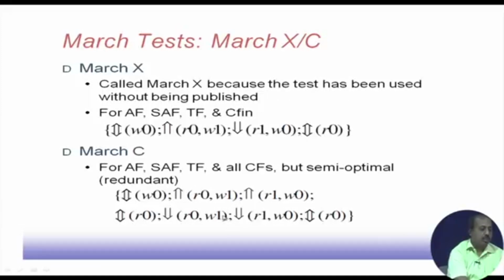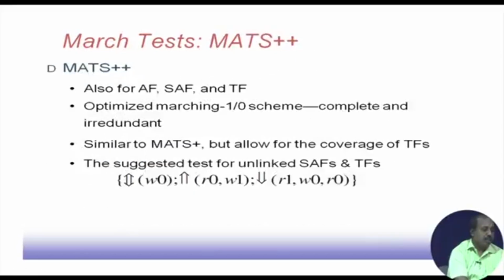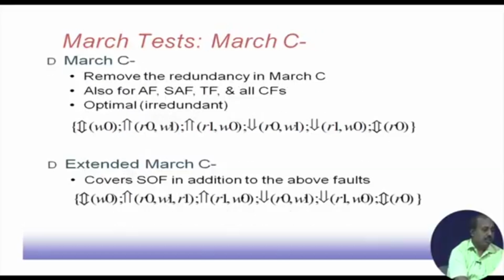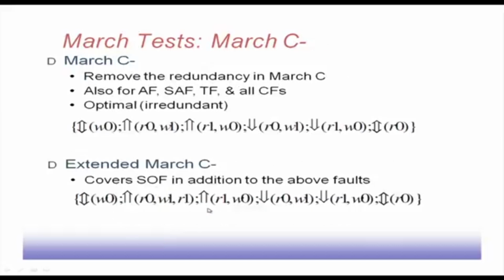So, there is a redundancy. If from March C we remove this redundant part, then what we get is March C minus. In March C minus, some of these redundant parts are removed. So, this is the March C minus proposal.